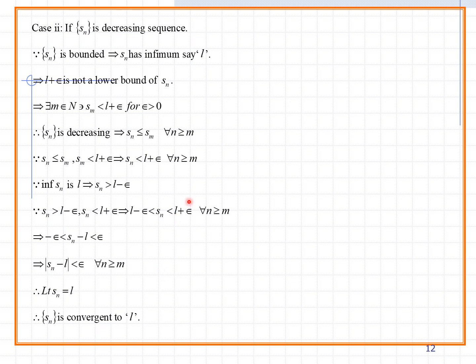Comparing the increasing and decreasing sequences, in the supremum case you subtract epsilon, but here for the infimum you add epsilon.